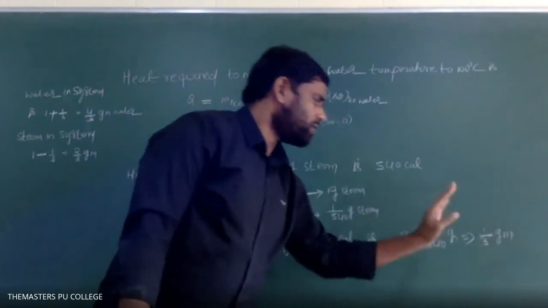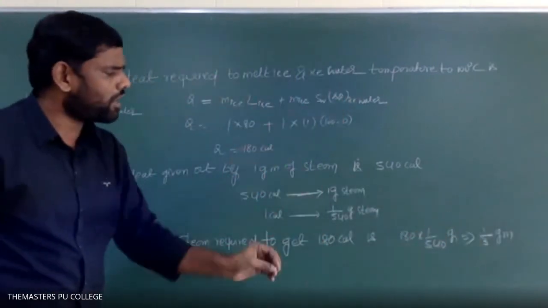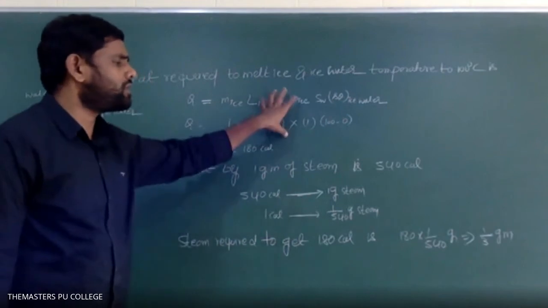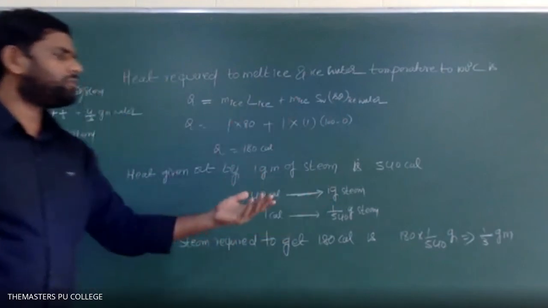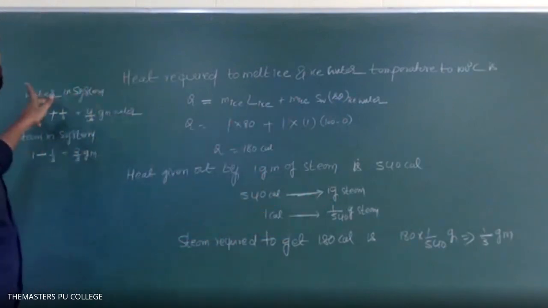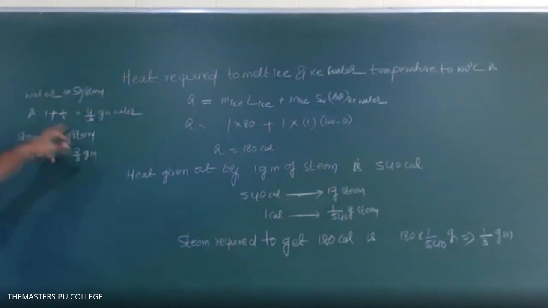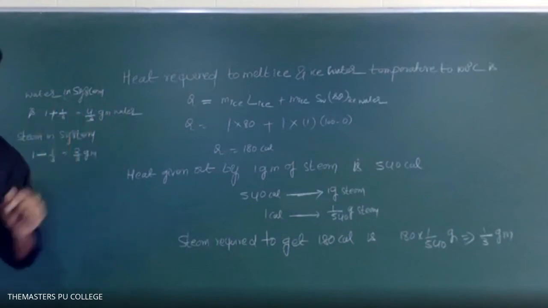Hence, out of 1 gram, only 1/3 gram of steam is enough for this. The rest, 2/3 gram, will be left as steam only. That's why the final water in the system will be 1 plus 1 by 3, that is 4 by 3 gram of water, and 2/3 gram of steam is left there.